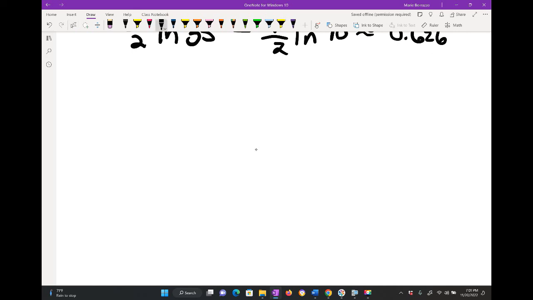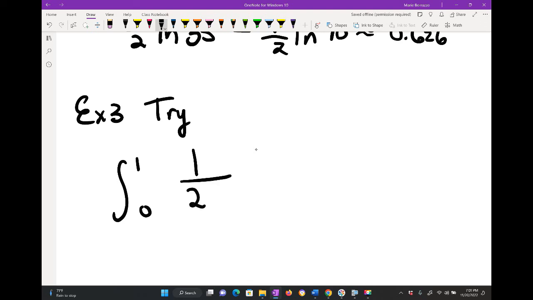I have another try question. This one is very similar. Integrate 1 over 2x plus 4 dx.